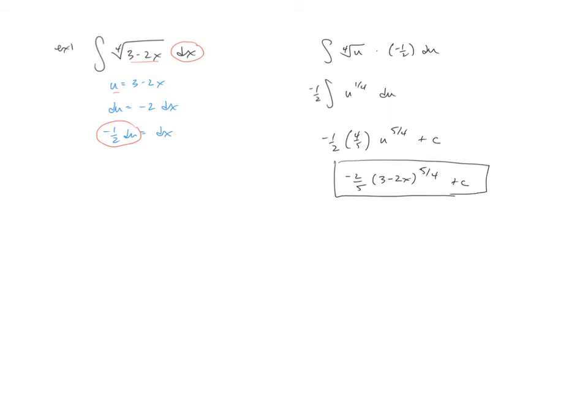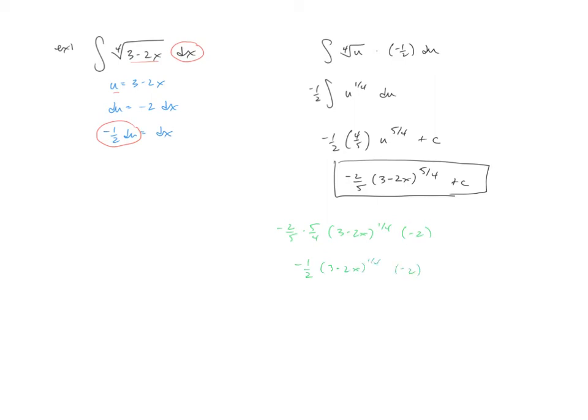And on this particular problem, I think it's probably a good idea to go ahead and check it as well, just to make sure that everybody's on the same page. So I've got my -2/5, multiply the 5/4 down, keep the inside the same, subtract 1, back times the derivative of the inside. And if I clean that front part up, that's going to give us a -1/2.